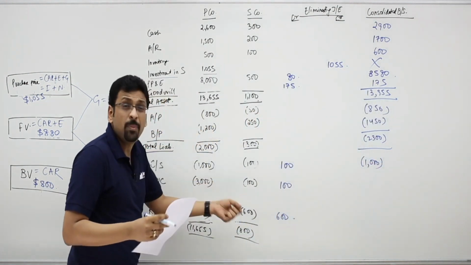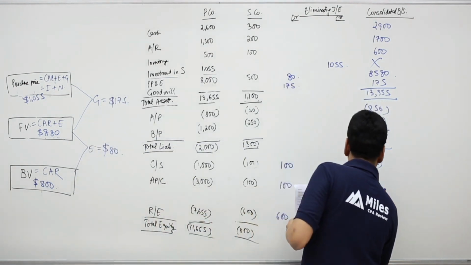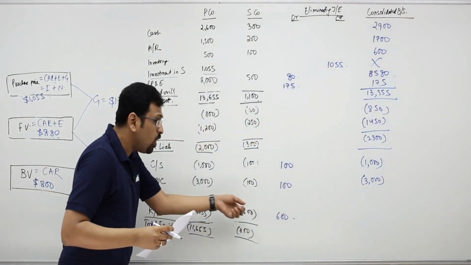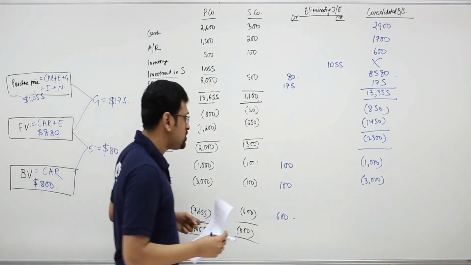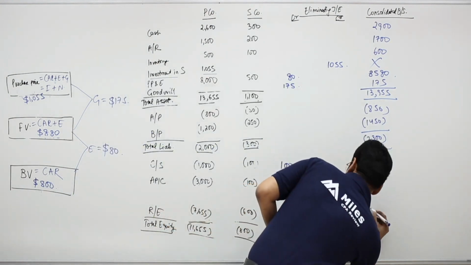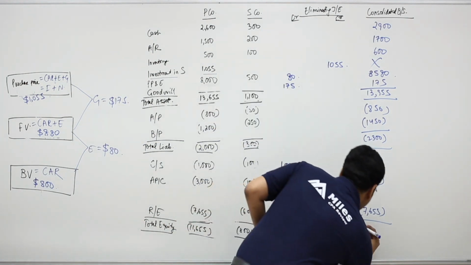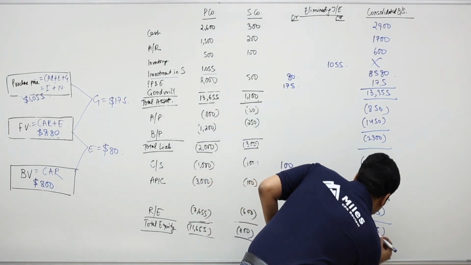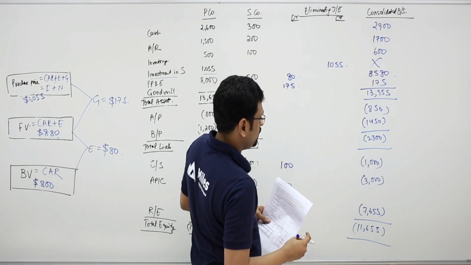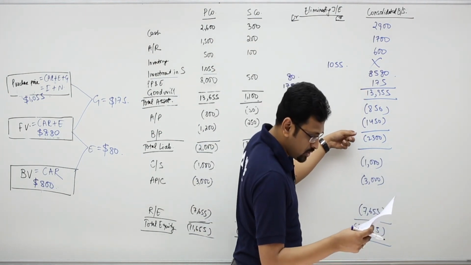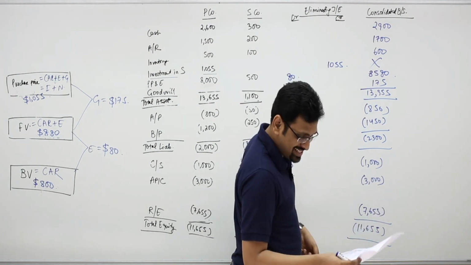APIC, my APIC, your APIC, I own it, just my APIC. My retained earnings, your retained earnings, I own your equity, so just my retained earnings, 7,655. This gives you a total of 11,655. Sanity check, 13,955 minus 2,300 gives us 11,655.